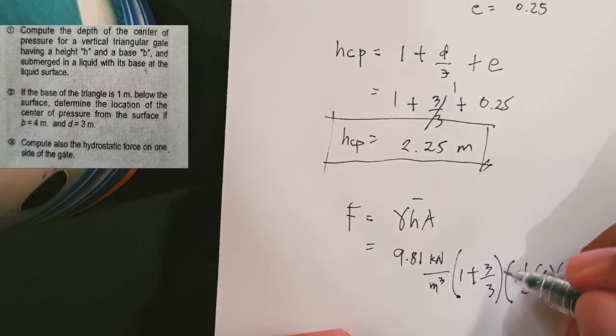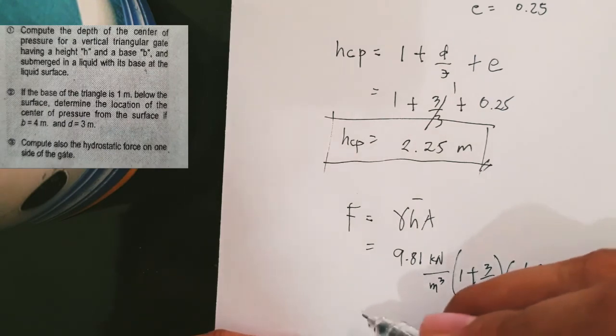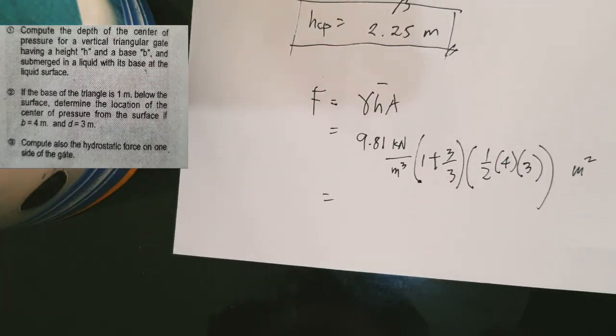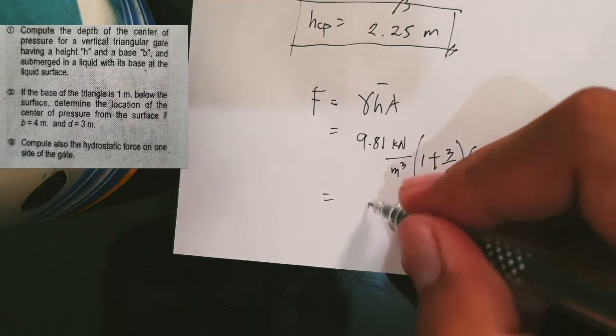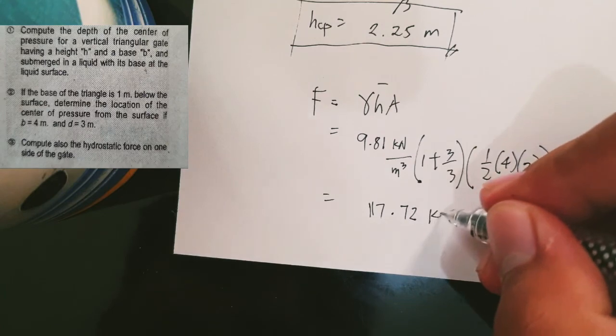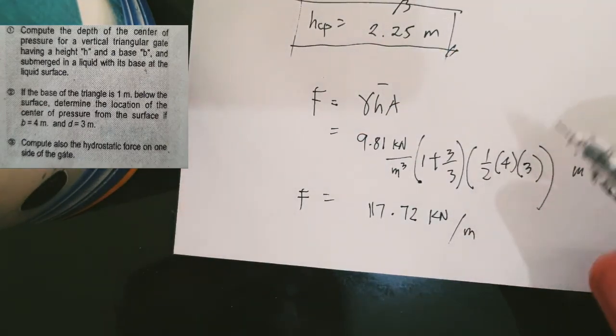That is meter, so square meter. 9.81 times 2 times 6, so we have 117.72 kilonewton per meter length of the gate.